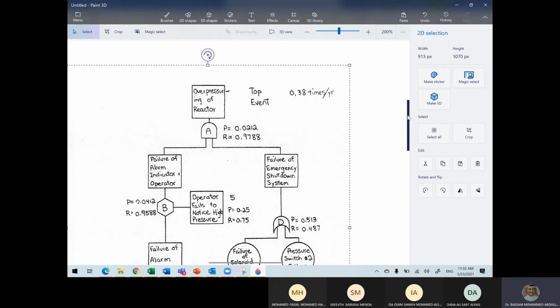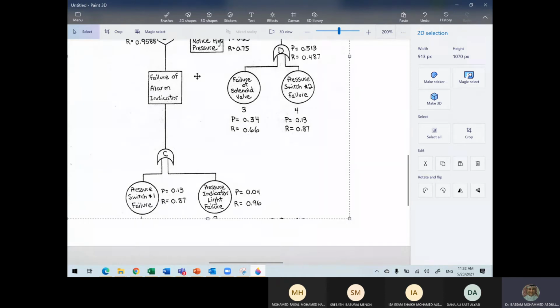Which means, what is the probability that the system will fail and I'm going to have an overpressure? So you're simply saying how many times in the year I'm going to have an overpressure in the reactor. And I'm going to give you the fault tree.